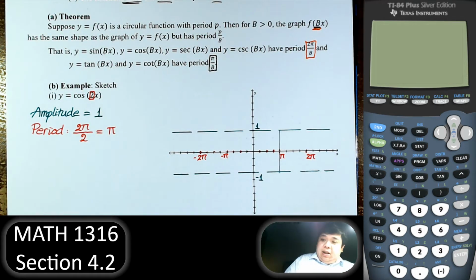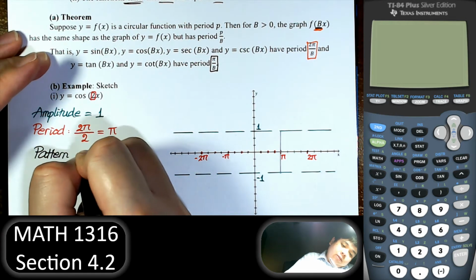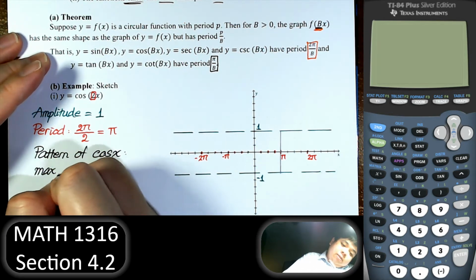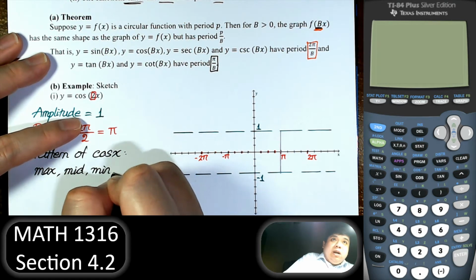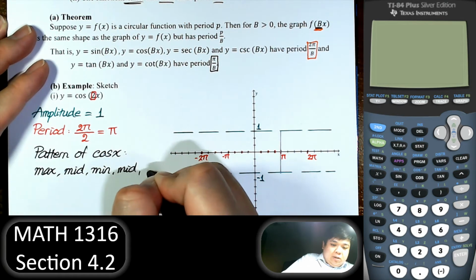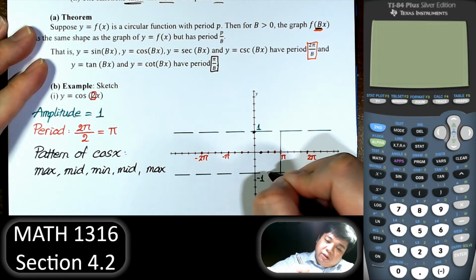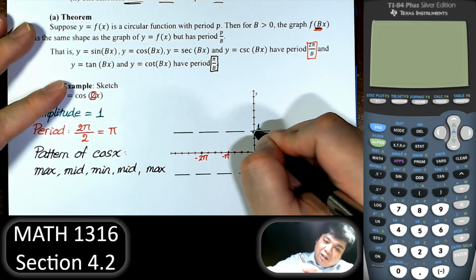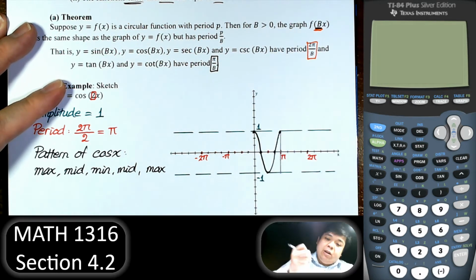And then the pattern of cosine is maximum, middle, minimum, middle, max, maximum, middle, minimum, then middle, max. So that's one period.